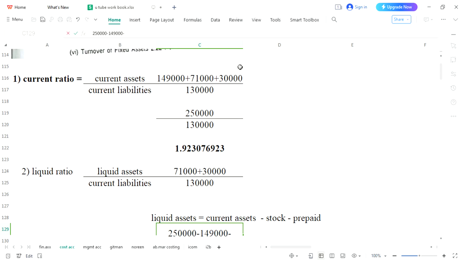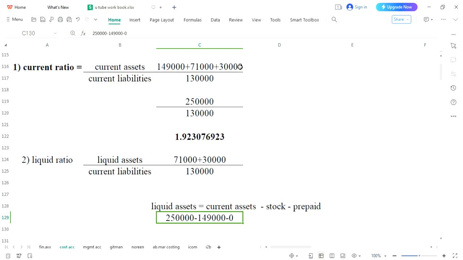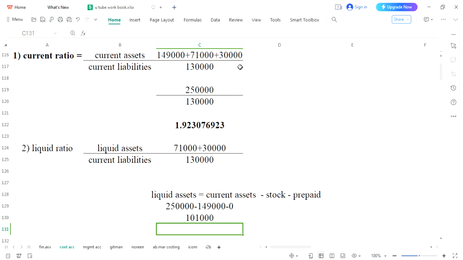There is no prepaid in this question. So we can indirectly calculate liquid assets as well. Here some value has not been written properly: 250,000 minus 149,000. So we have got 101,000.